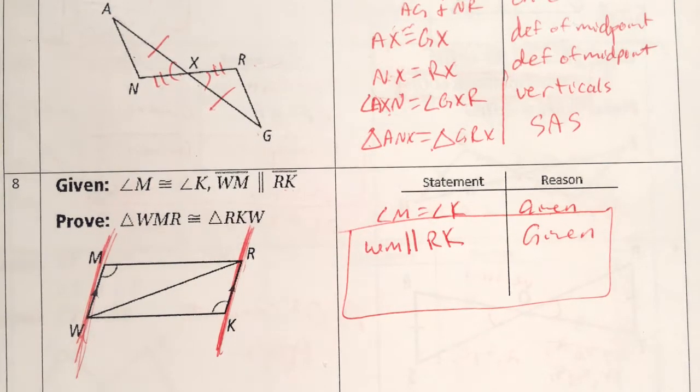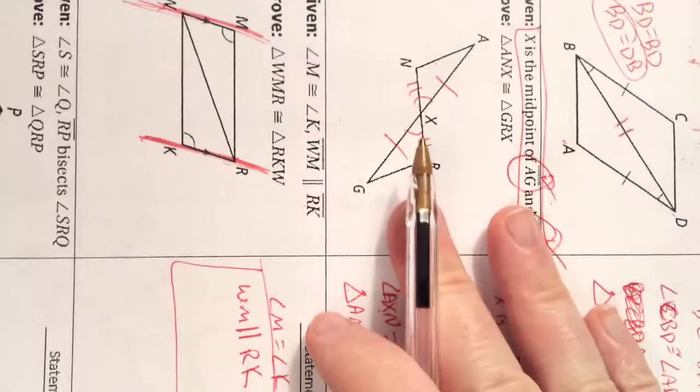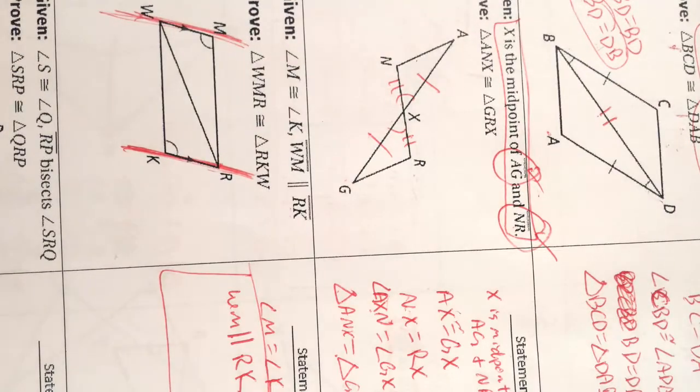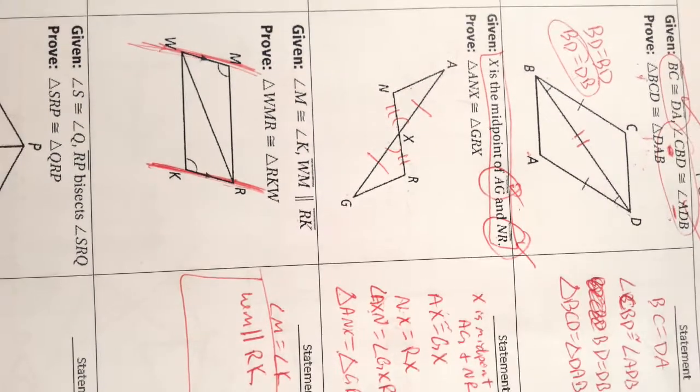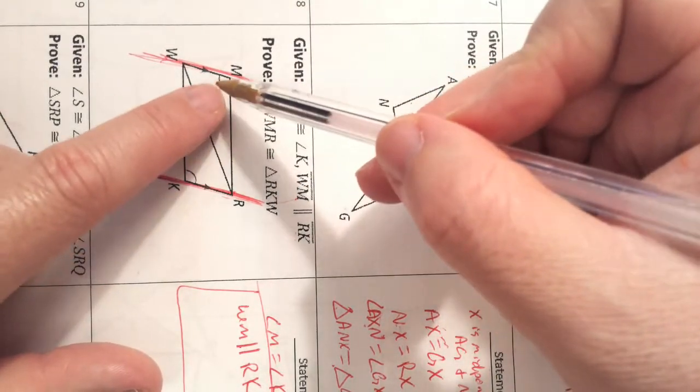When things are parallel, your best friends are alternate interior and corresponding. So we're going to turn that until those 2 lines are horizontal to us. Does this triangle look like a copy paste?